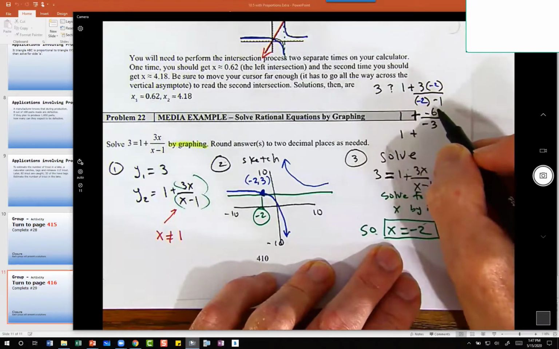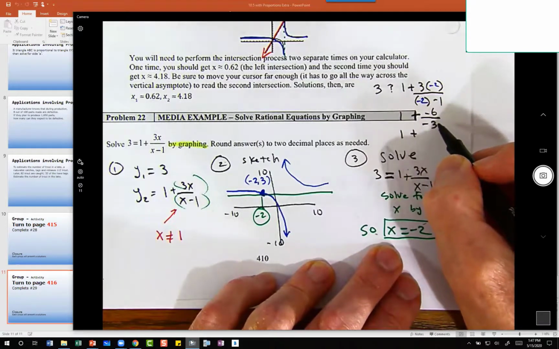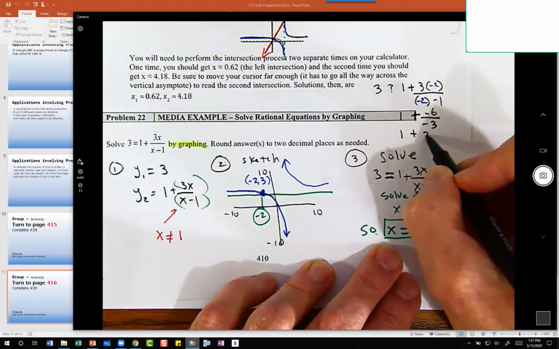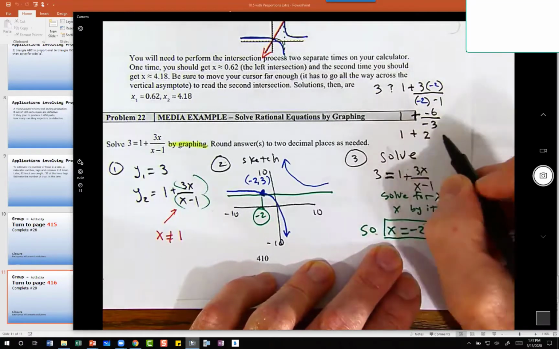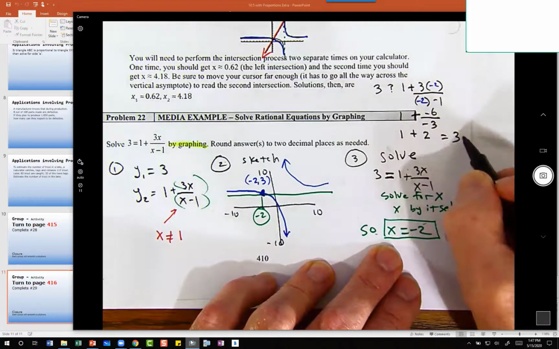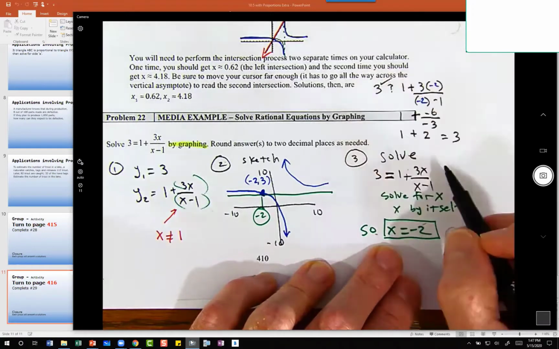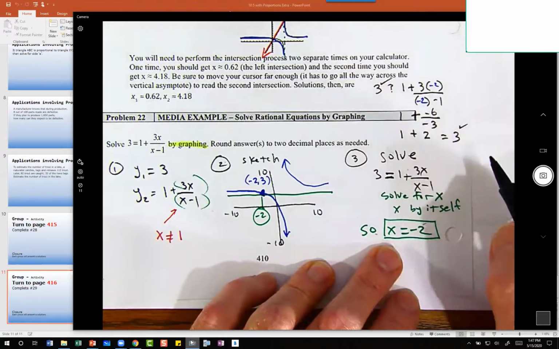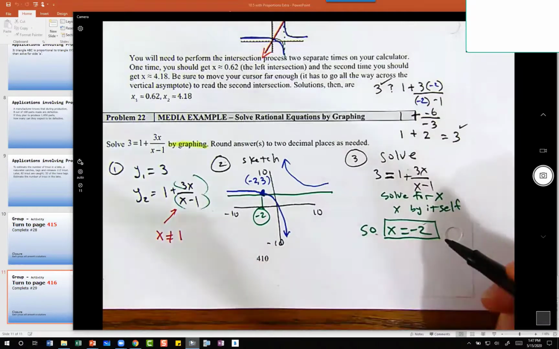What's -6 divided by -3? 2. 1 plus 2 equals 3. And that's what it's supposed to equal. So it checks. So this really is the answer.